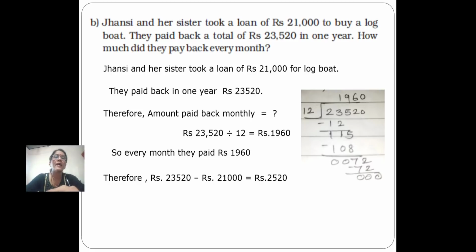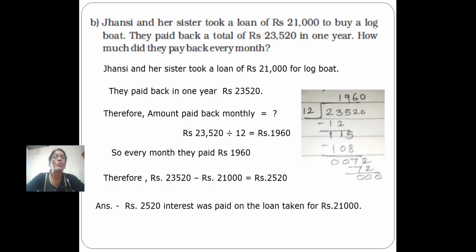Yeah. Therefore, rupees 23,520 minus rupees 21,000, that is the loan taken by the two sisters, and they paid 23,520 after a year. So, what is the difference we have got here now? Rupees 2,520.